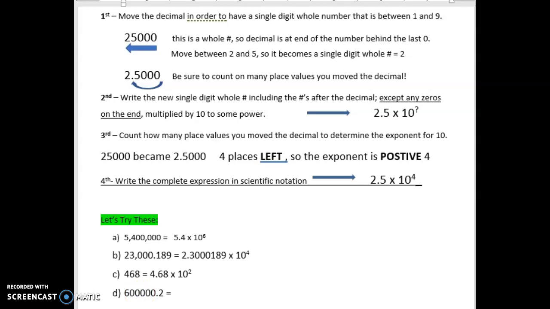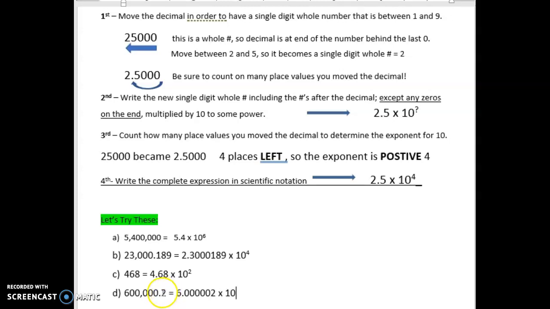Whoa, here we have 600,000.2. Although these zeros are placeholders, because I have that 2 behind it, I need to keep those zeros. I have a single digit whole number. Decimal is going to be moved in between the 6 and the 0. And I have 5 zeros and a 2 at the very end.